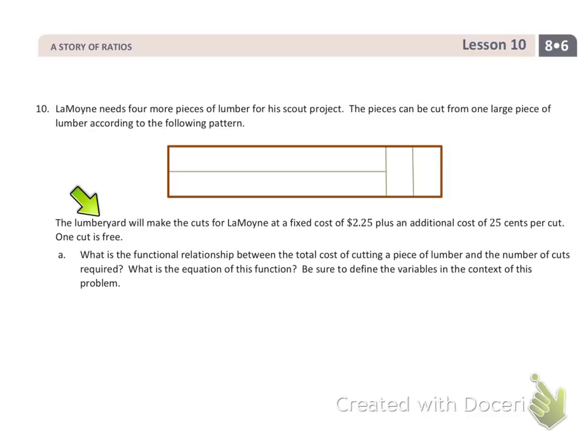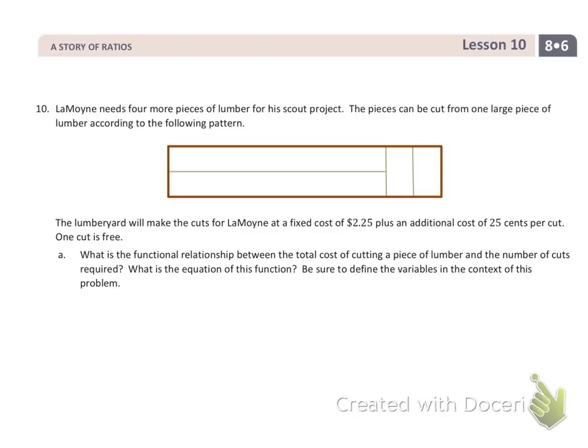Okay, so this is a relationship. The total cost for the cuts is going to depend on the number of cuts that you need. Okay, that makes sense. What is the functional relationship between the total cost of cutting a piece of lumber and the number of cuts required?